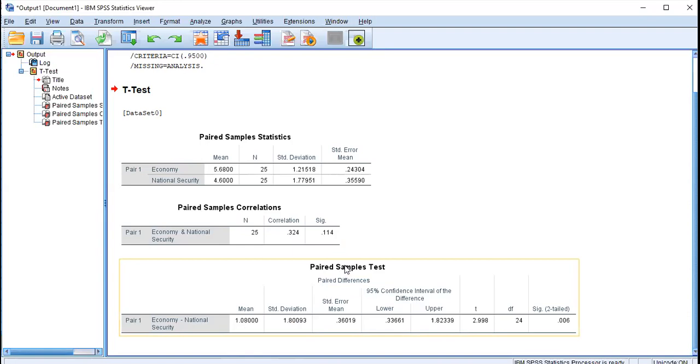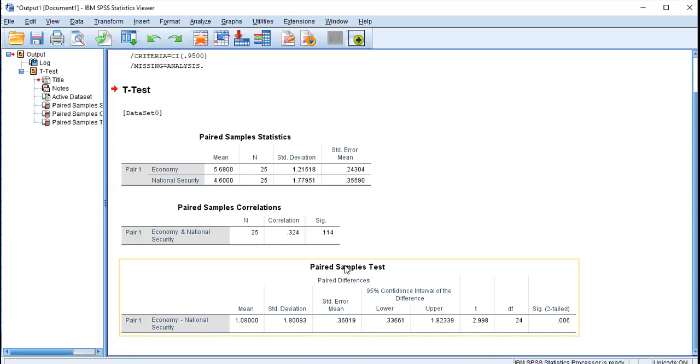So we have talked about something called effect size. In the case of paired samples or dependent samples, the effect size is equal to the difference in mean of the two groups or two variables, upon the standard deviation.